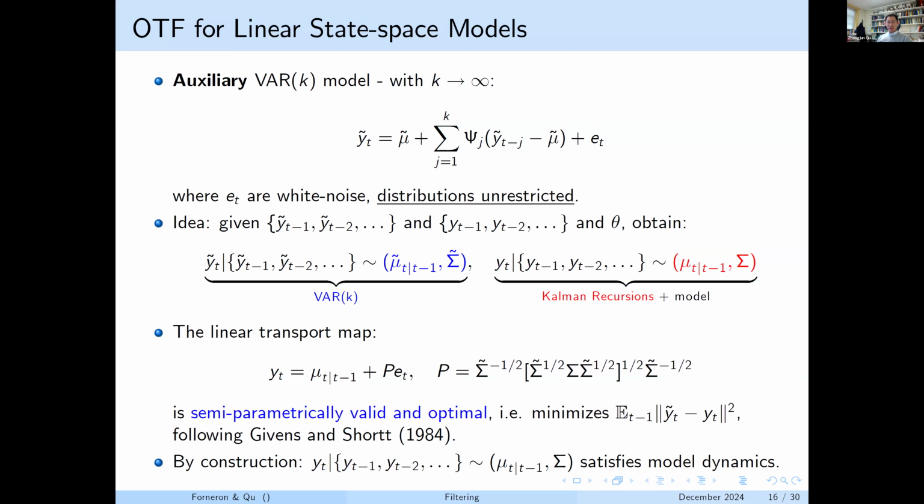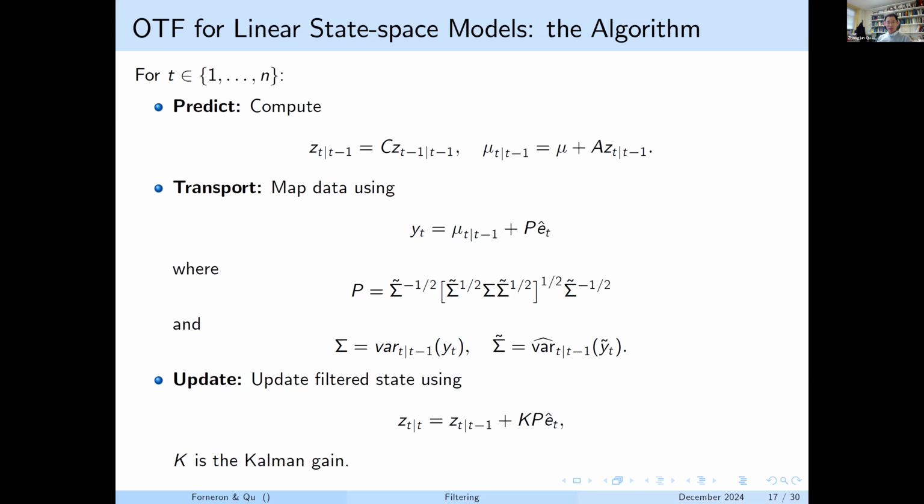Okay, so now we have a map that's linear, kind of in closed form. We can embed this map in the original filtering process. We get something like this. So the prediction step is the same as in a standard Kalman filter. No modification is needed. The transport step is the same as what I've presented in the previous slide.